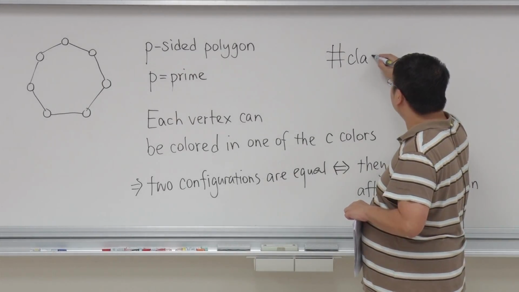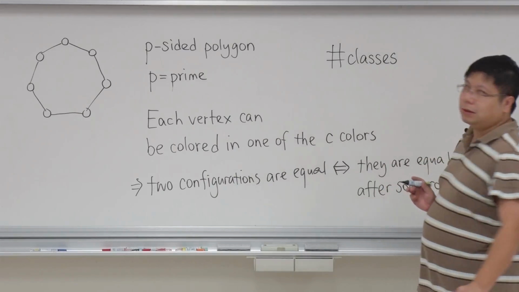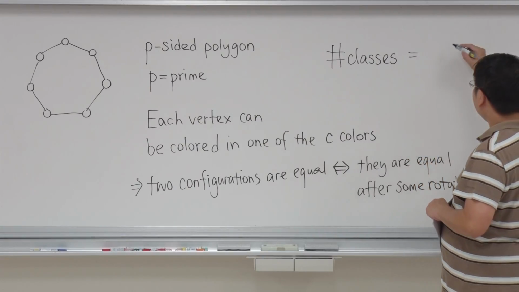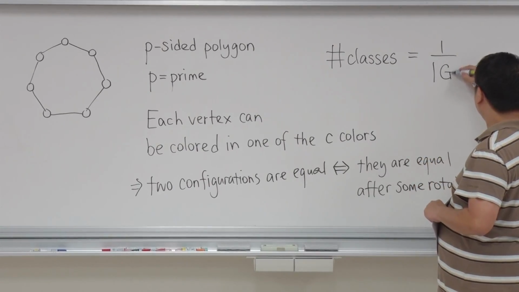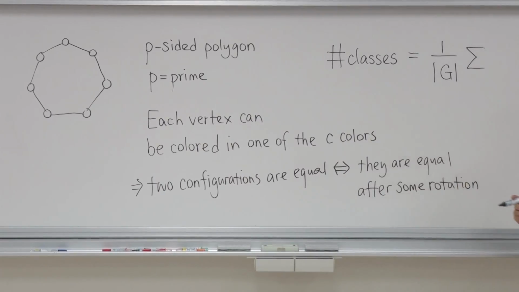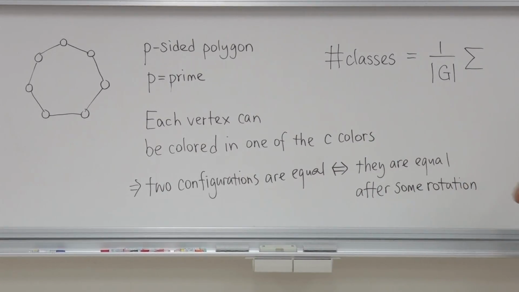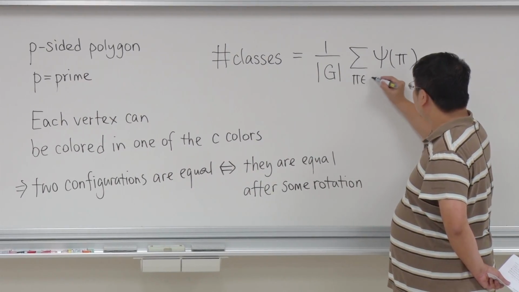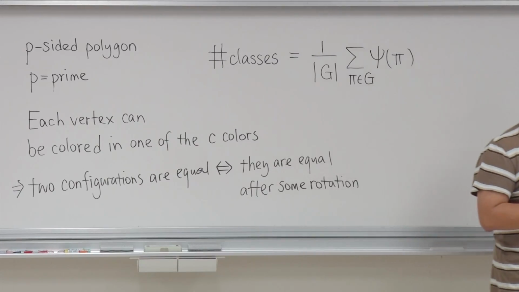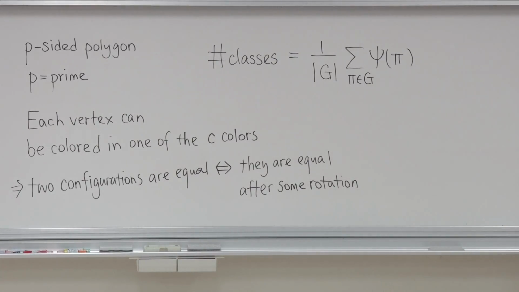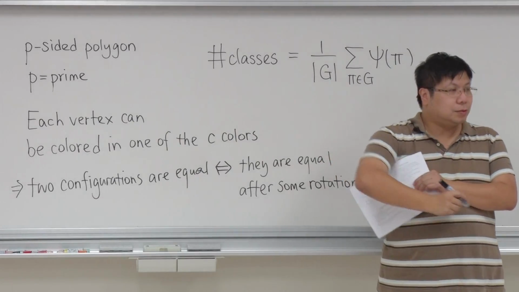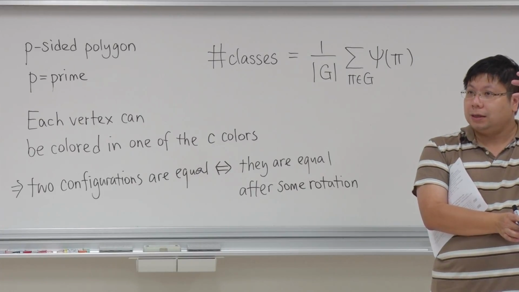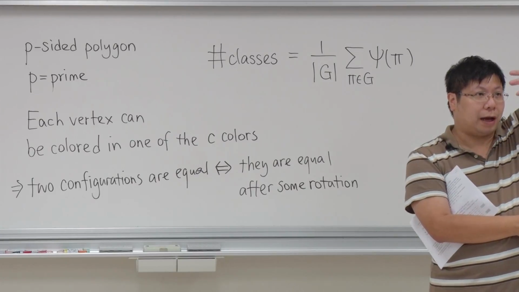The number of classes, or the number of distinct configurations, is equal to the sum of all invariants over all the possible rotations that we can imagine. Does that make sense? Let G represent the different kinds of rotations: not rotating at all, rotating by 2 pi over 7, rotating by 4 pi over 7, and so on.